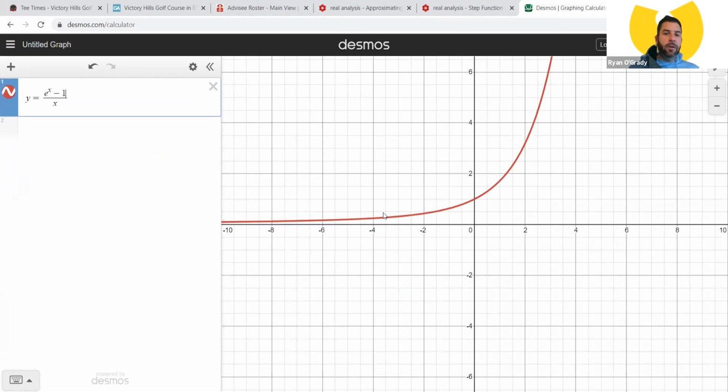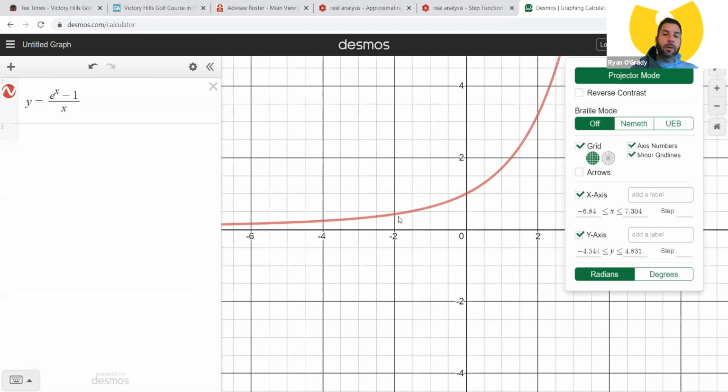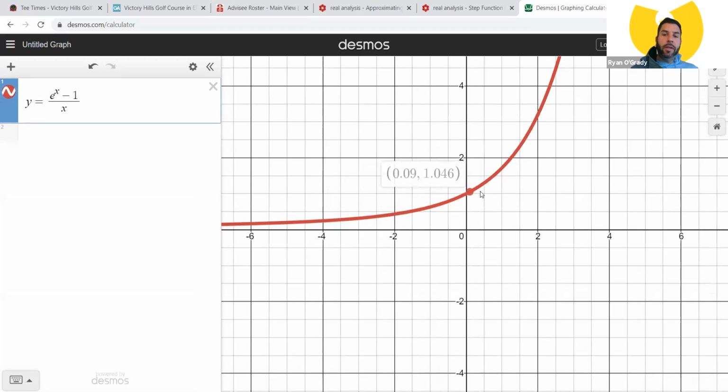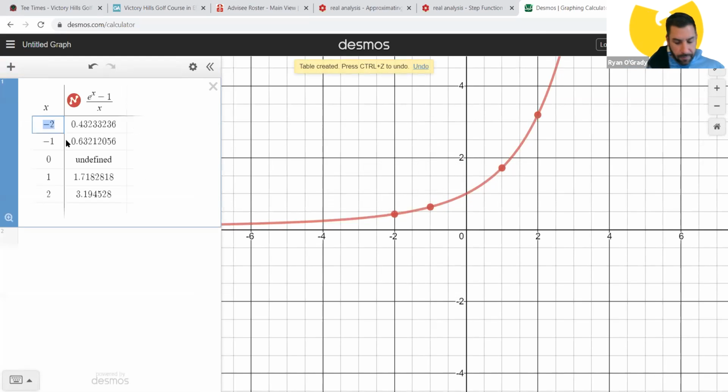If I put my finger on the curve and move towards x equals 0, it actually looks like the limit is 1. If I did a table and computed some values like 0.1 and so on, it looks the same.